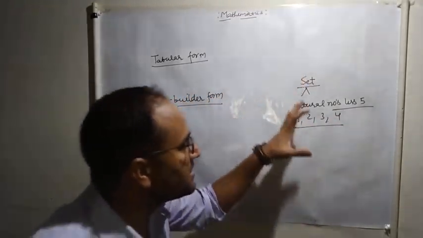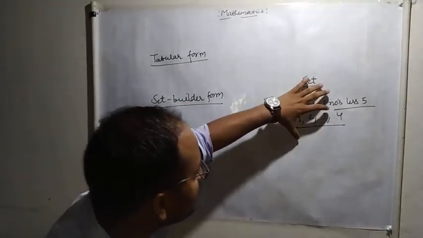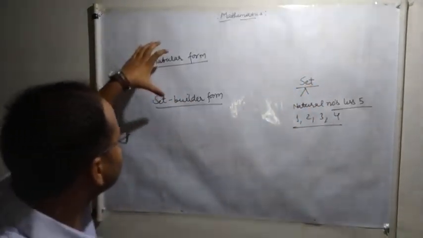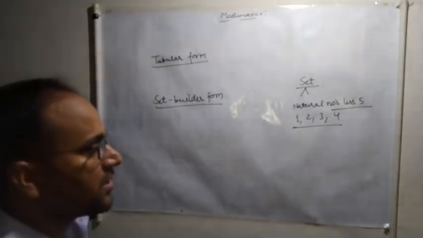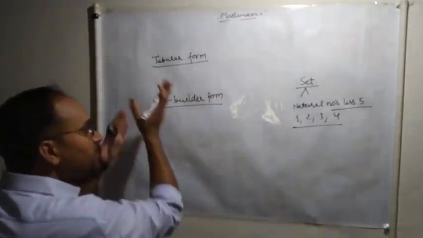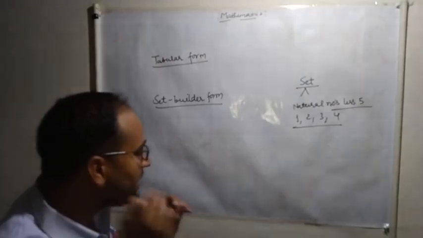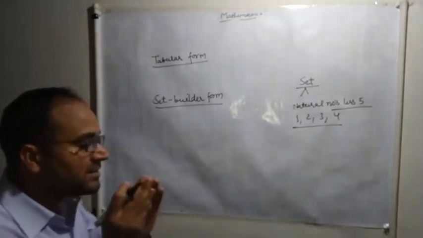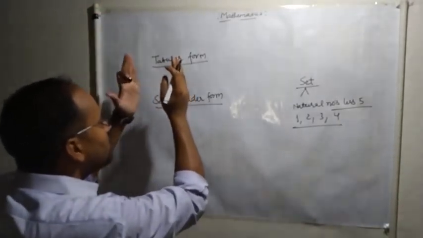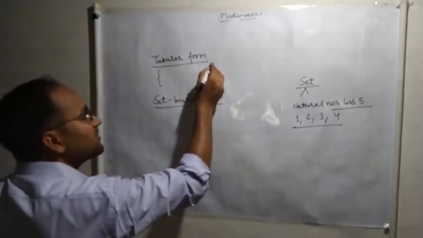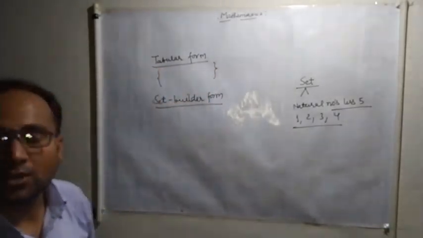So a set is a collection of well-defined objects, and this set is going to be represented in two forms, tabular form and set builder form. How to represent this set in tabular form? Tabular form, students, is very easy. In tabular form, we list the elements in curly brackets, separating them with commas.